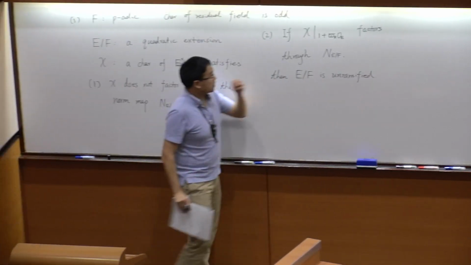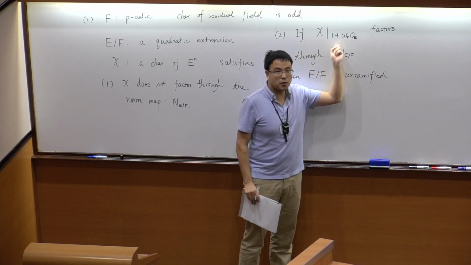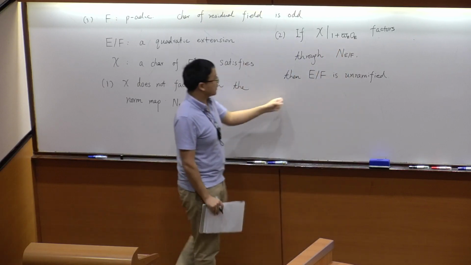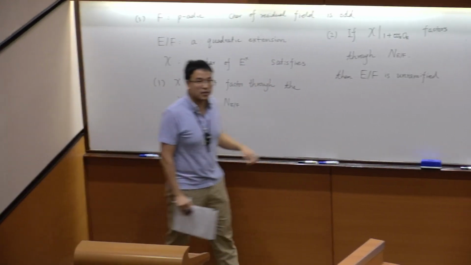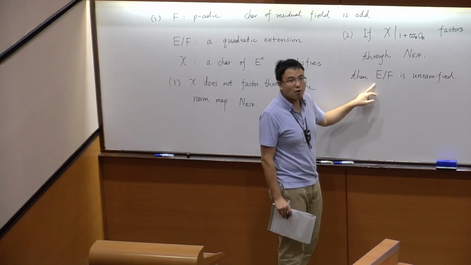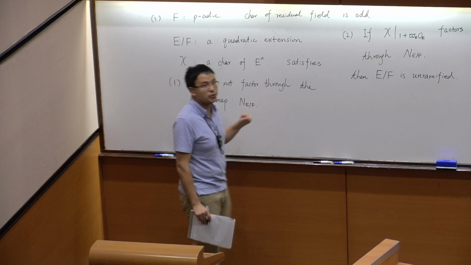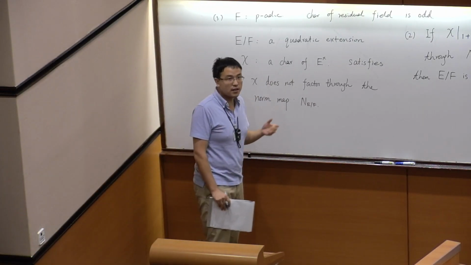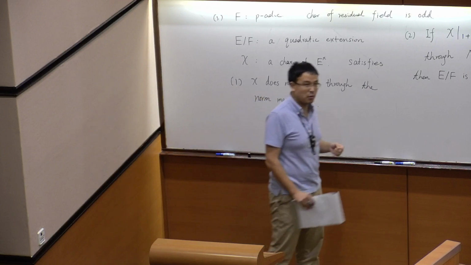Okay, if we restrict to this compact subgroup, it factors through this norm map, and we're going to give the extra constraint: take E to be the unramified quadratic extension. So these are the two conditions we put on chi. And for such a pair, E and chi, we're going to call this an admissible pair.